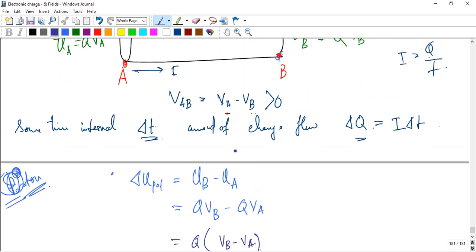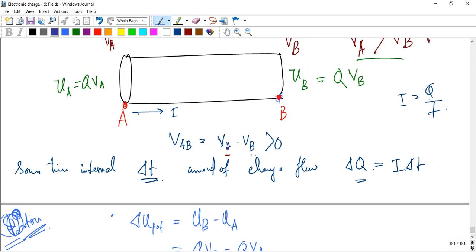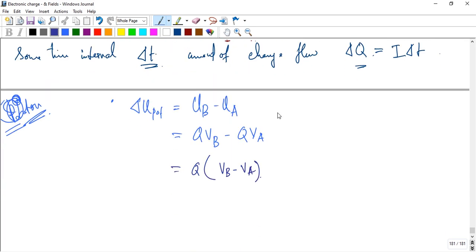Okay, now here you see that is the form when I choose an electron. So the changing potential means higher potential minus lower potential, VA minus VB, because that is the higher potential, that is the lower potential. So that's why it doesn't matter what type of charge carrier you choose, proton or electron. That's the gap between these. Here the actual current is moving, so the important thing is the current direction.